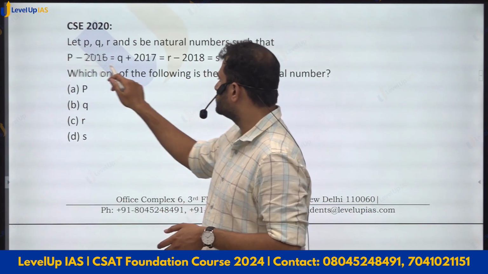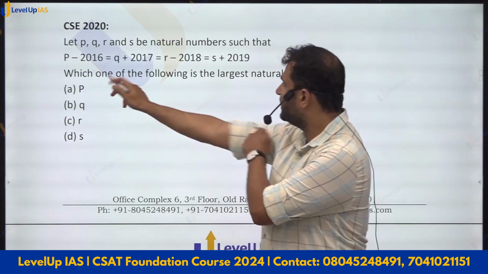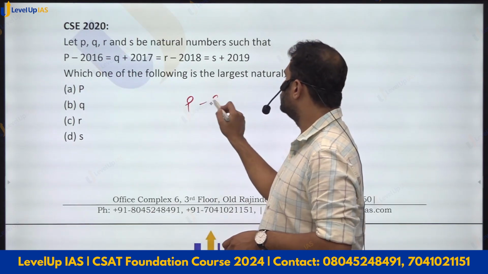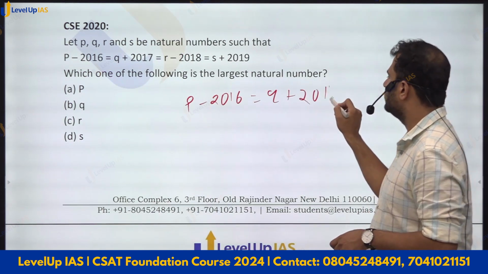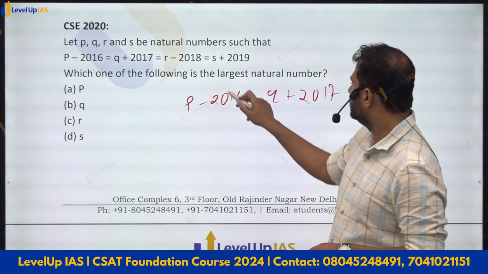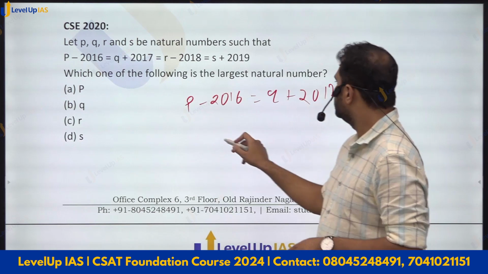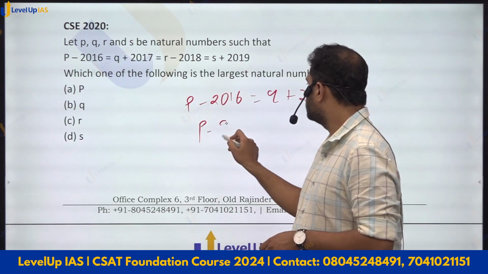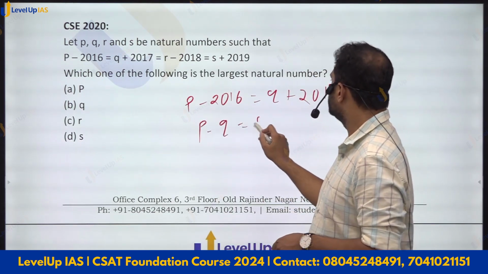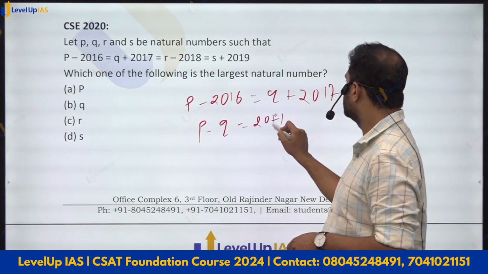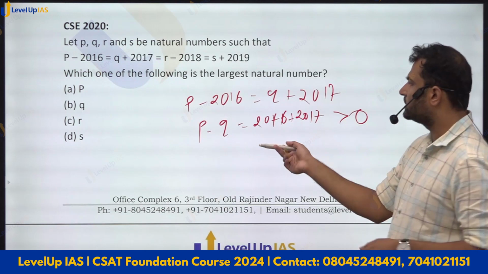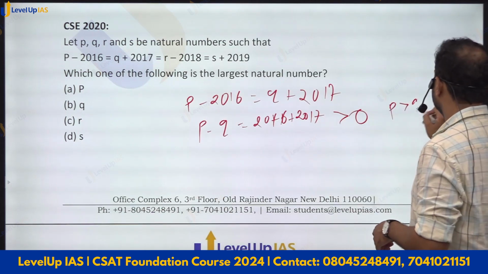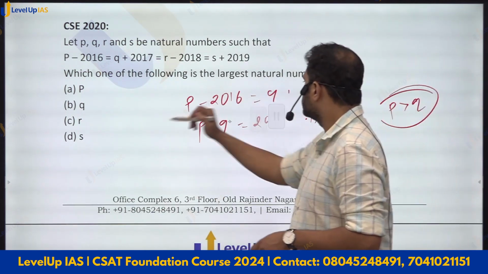P minus 2016 is equal to Q plus 2017. So we take this on this side, P minus Q is equal to 2016 plus 2017, which is greater than 0 obviously. So P is greater than Q, that we know. So Q is eliminated.